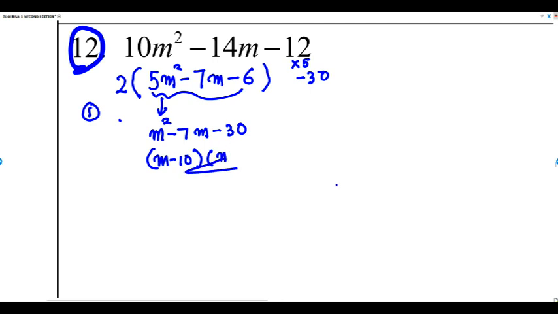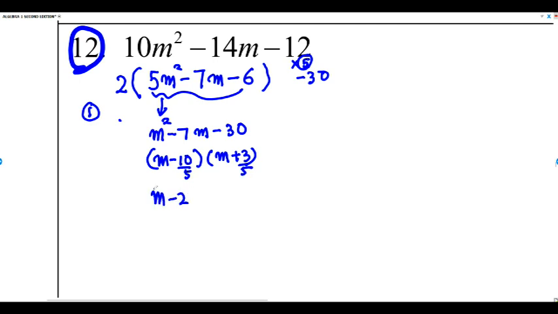Oops, I'm sorry. m plus 3. You can see it over here, right? Negative 10m plus 3m is negative 7m. That's fine. After that, you can divide by 5 there, okay? Divide by 5.